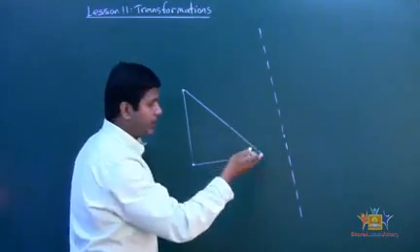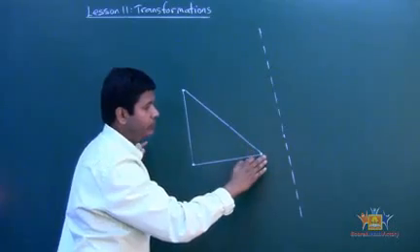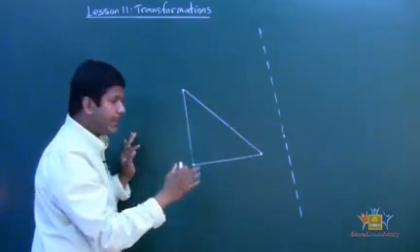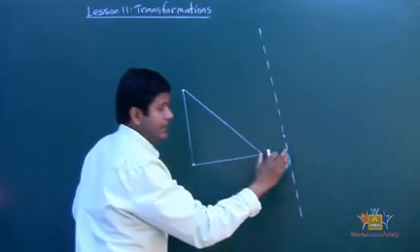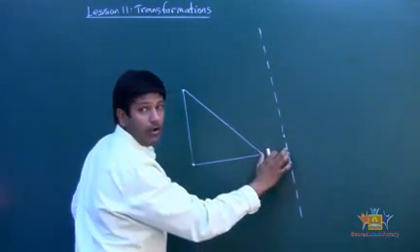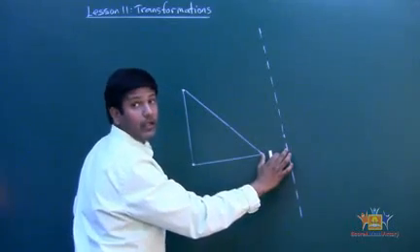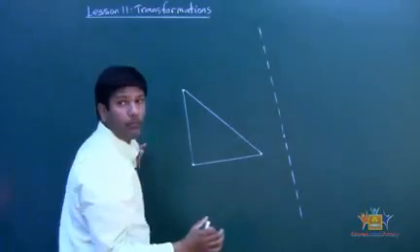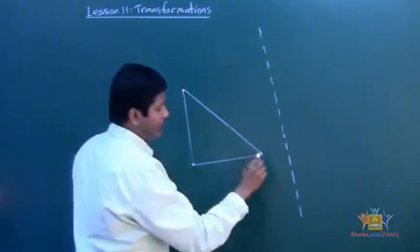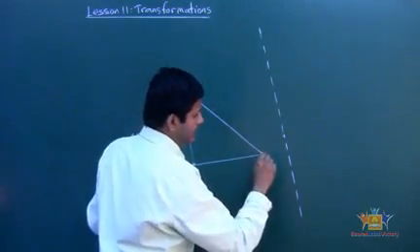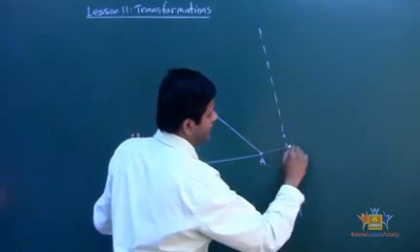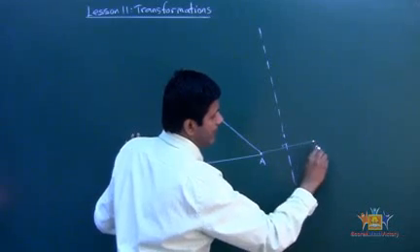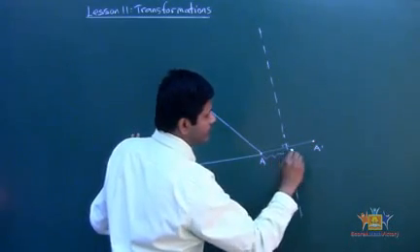So I have to find a perpendicular line from this point, this point, this point, and this point. Then the distance from the point on that perpendicular line to the axis of reflection is the same as for the point on the image. Let's say this is A, and this is the perpendicular line making 90 degrees, and this is the A image. The distance is going to be identical.